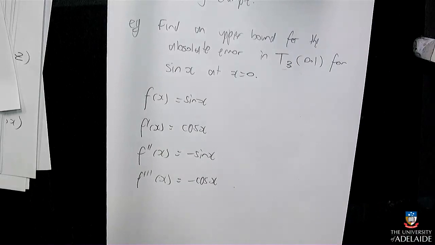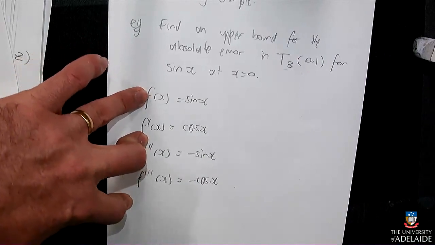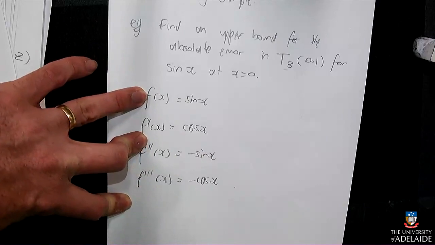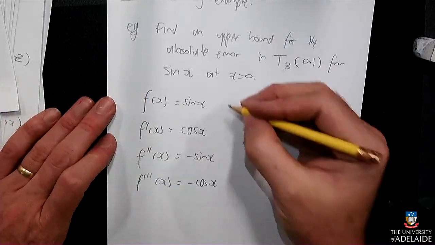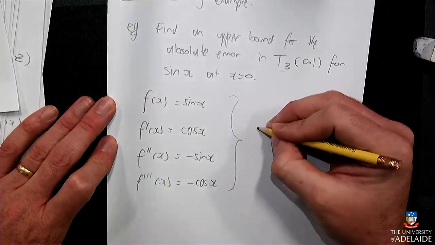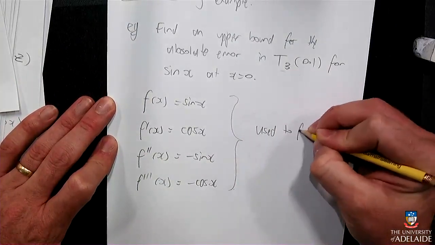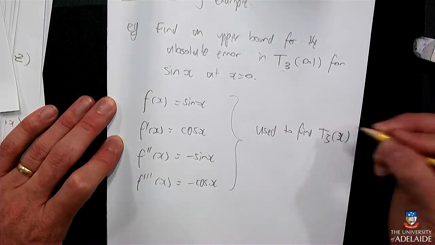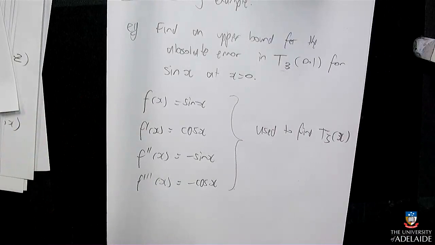So I'll need the third derivative. These things, if I subbed in x equals 0, would allow me to calculate the coefficients of T3, and then I would need the next derivative to find the error. So I'm just going to put that in. These are used to find T3 of x. But I haven't been asked to tell the reader, the person who asked me this question, what T3 of x actually is, so I'm not going to do that part.